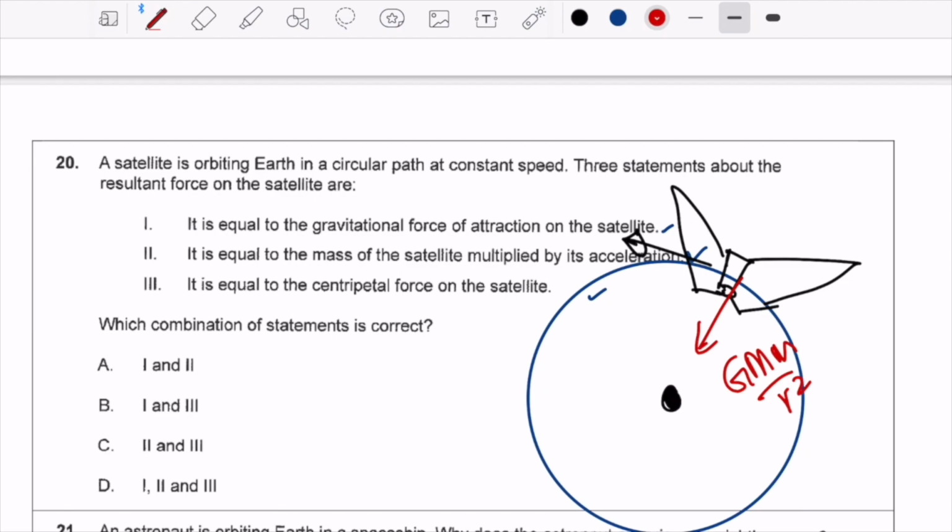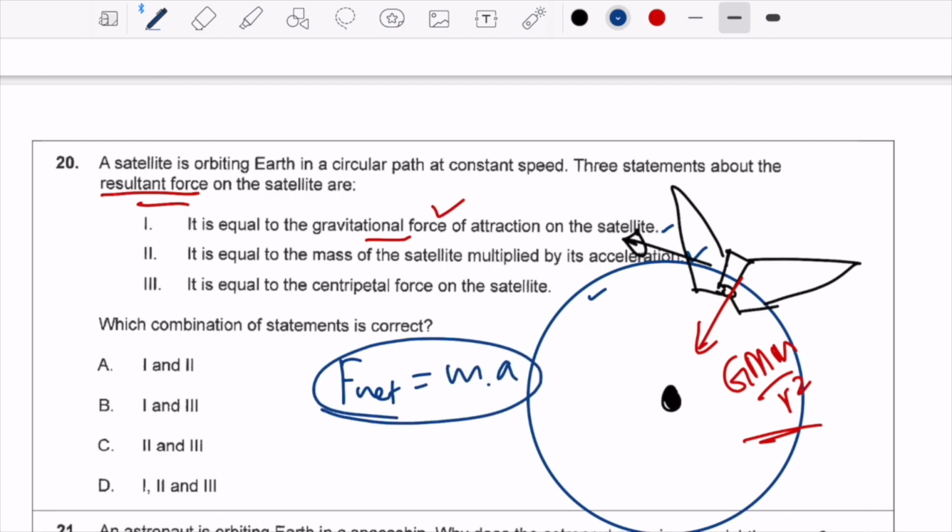This is the gravitational force. So the resultant force is, of course, there's only one force, the gravitational force, right? And whatever the net force is, F net is always equal to m times a. It does not depend on the situation, it's always true. So part 2 is also right.